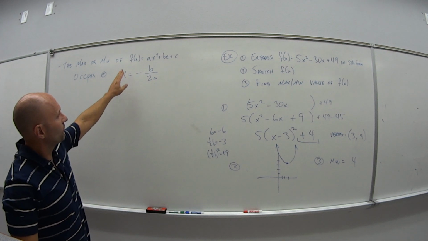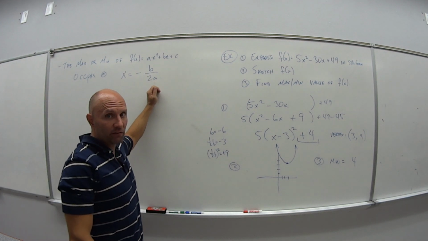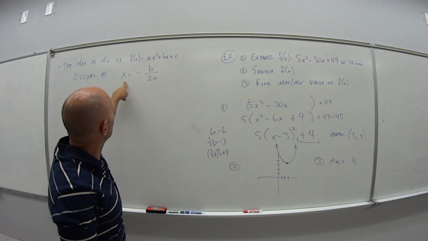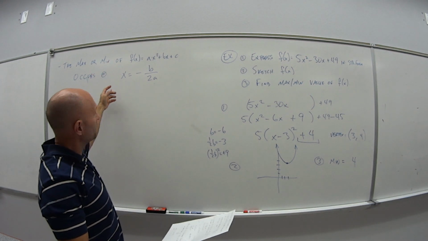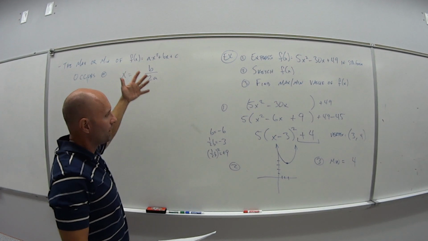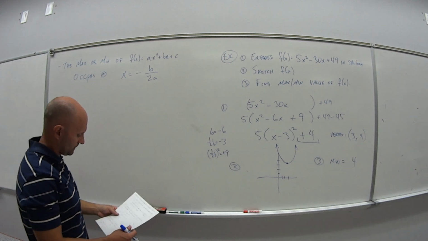So this tells us the value of x where the max or min occurs. So then in order to find out what's the max or minimum value, we would have to plug that x into the function and then calculate the numbers there.